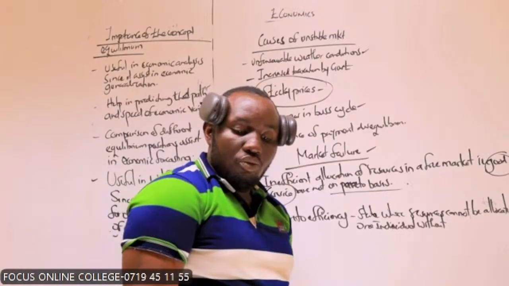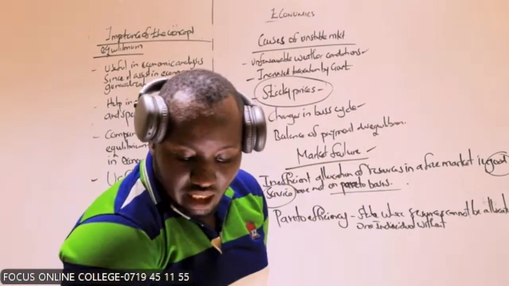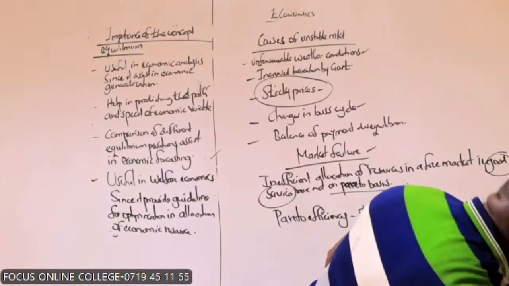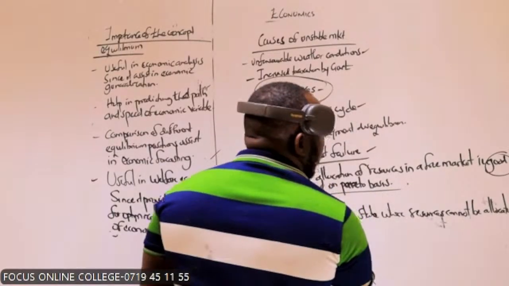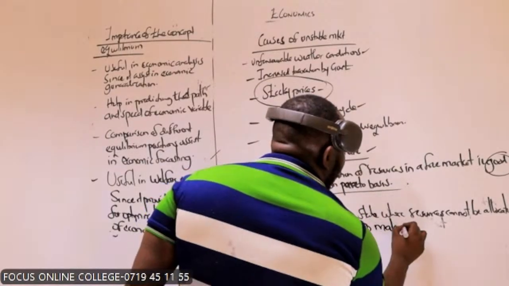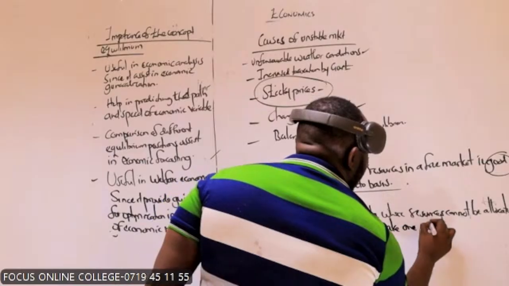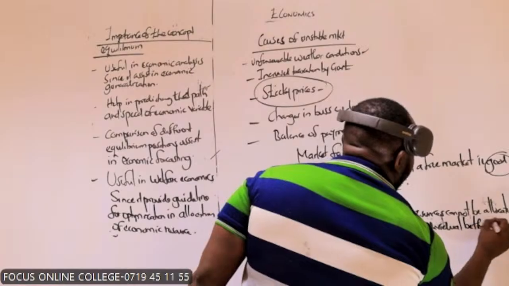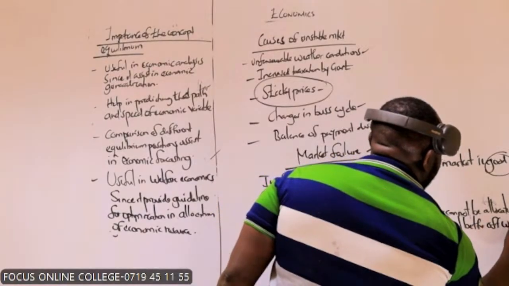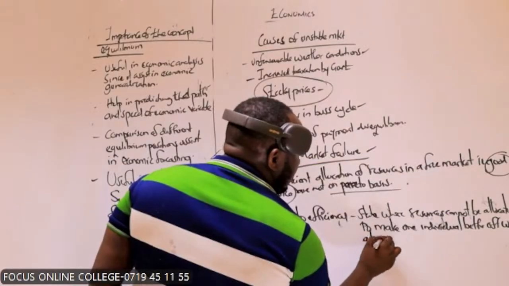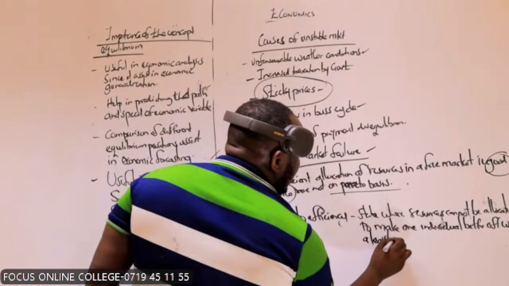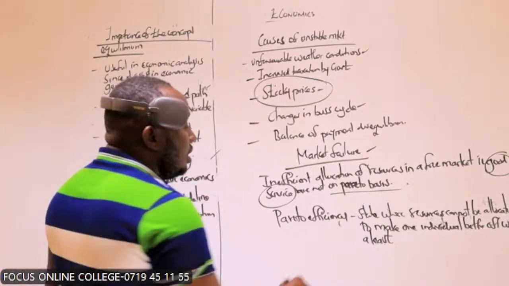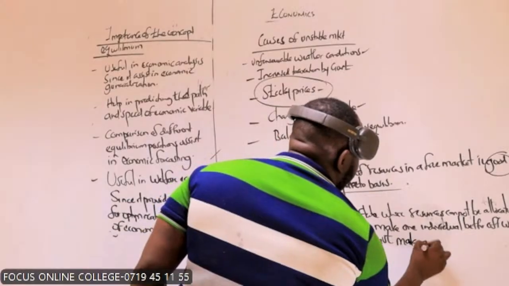Then we get to the next, number 4: resources cannot be allocated to one individual to make an employer's contribution on behalf of employees without making at least one individual worse off. Number 5: the employer's contribution is made to a registered pension or provident fund.